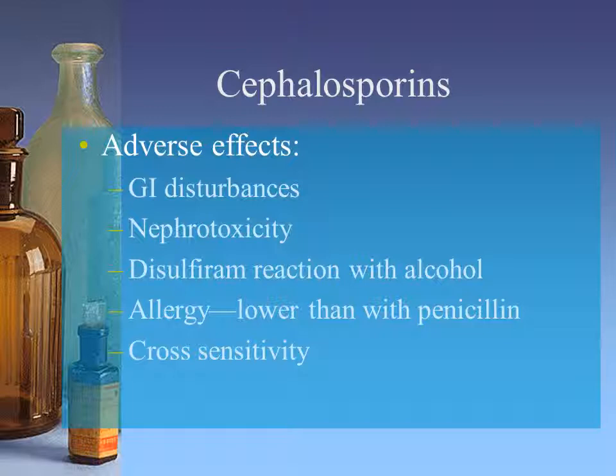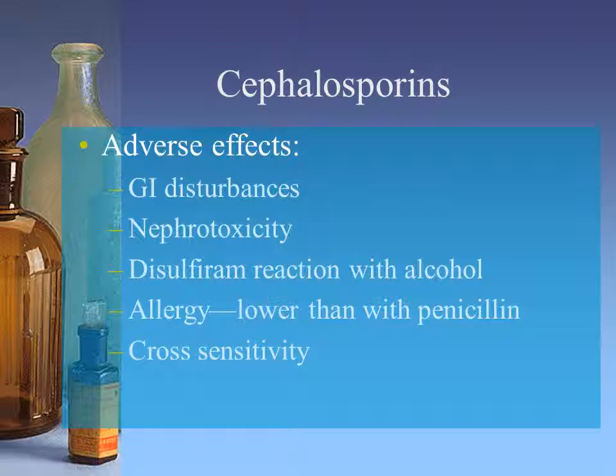The nice thing about cephalosporins is they do have a lower allergic reaction rate than the penicillins. So you're less likely to be allergic to a cephalosporin than you would be to a penicillin. However, here's the one you have to be careful with. Cephalosporins come from a mold similar to that of penicillin, so we can see a cross-sensitivity.